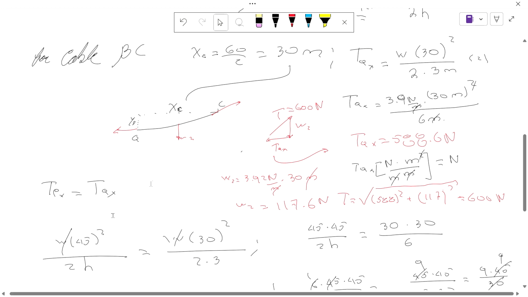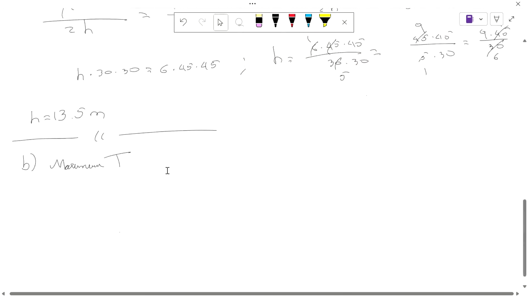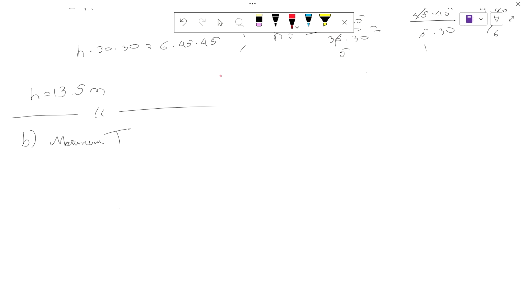Okay, so we can do exactly the same thing for the first part of the equation. So this is W1, which is equal to 3.92 newtons per meter times 45 meters. This is because it's only half.